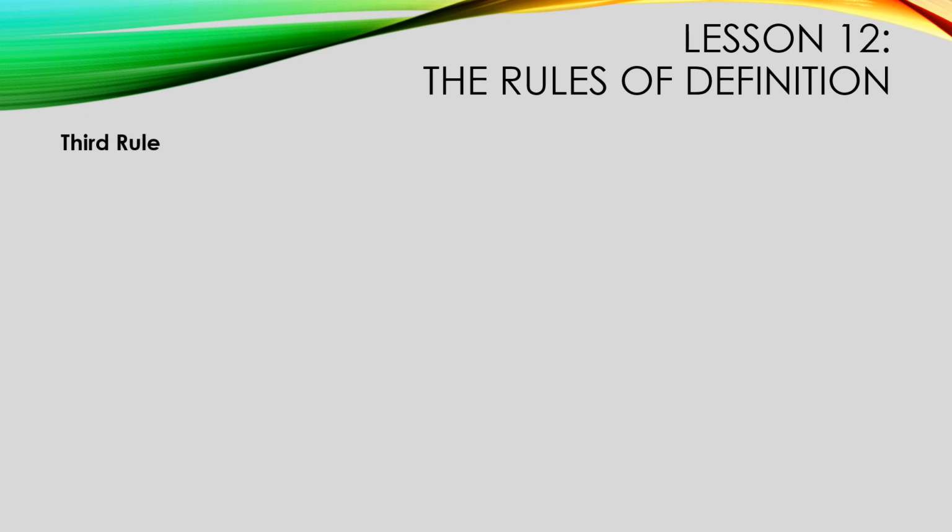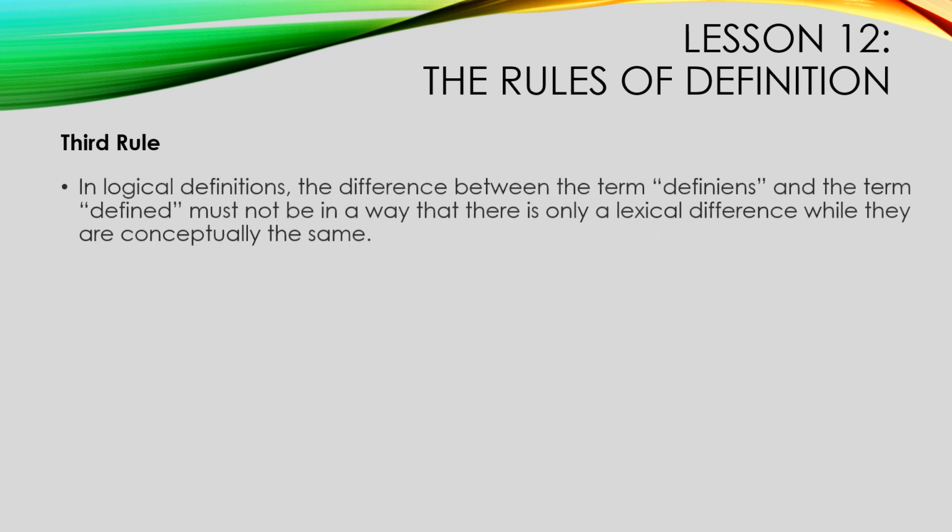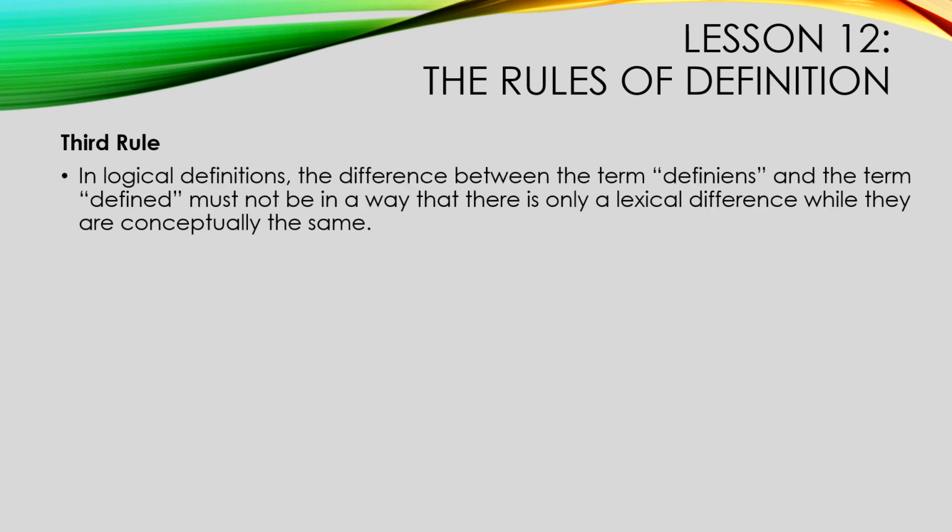Rule number 3. In logical definitions, the difference between the term definitions and the term defined must not be in a way that there is also a lexical difference while they are conceptually the same.